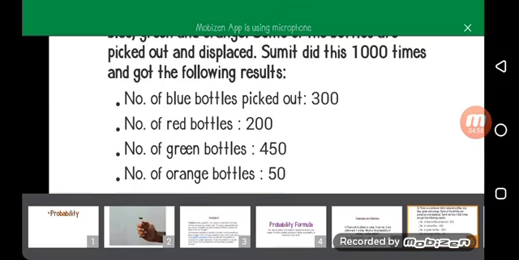Some of the bottles are picked out and displaced. Now, the word displaced means that they were not brought back, they were not returned, they were displaced.